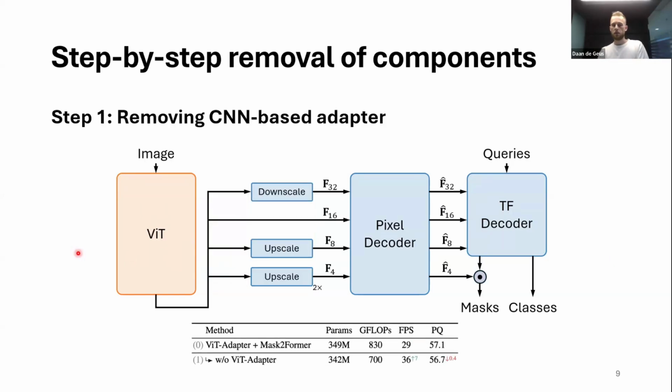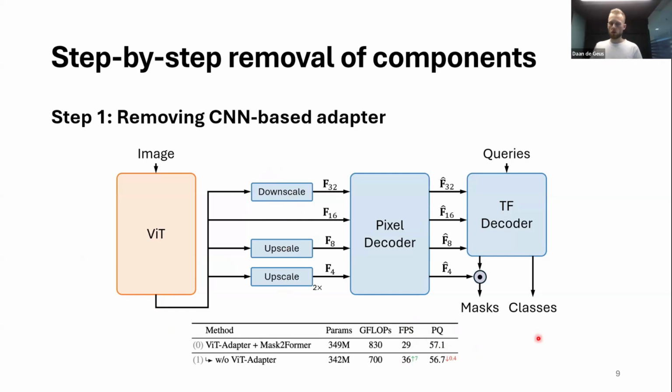And if we remove this adapter and instead just create multi-scale features by downscaling and upscaling the outputs of the vision transformer, we see that the panoptic quality basically remains unchanged. It drops with a very small margin, but is not really significant. At the same time, the speed in frames per second does increase by roughly 25%.